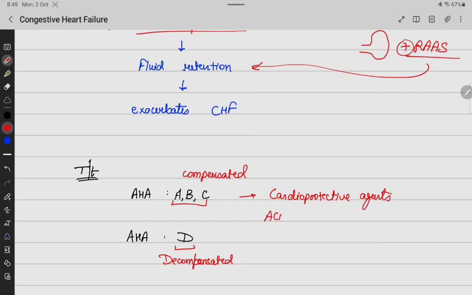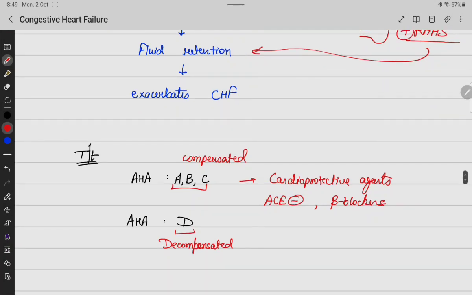These include ACE inhibitors or your beta blockers and other cardioprotective agents. Whereas in case of type D, that is the decompensated heart failure, we give inotropic drugs so that the perfusion to the brain and vital tissues is maintained until we can get a new heart for the transplant.